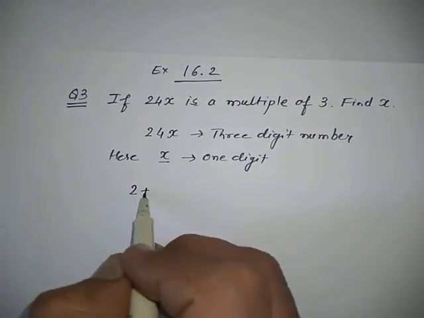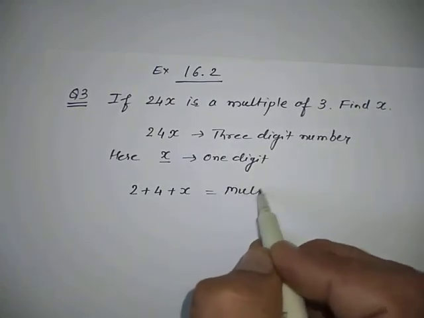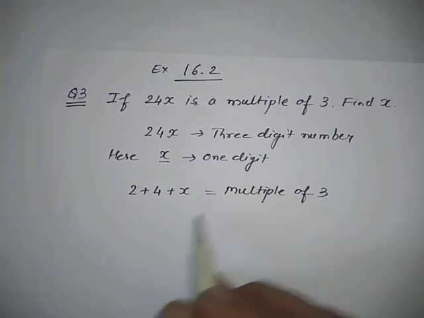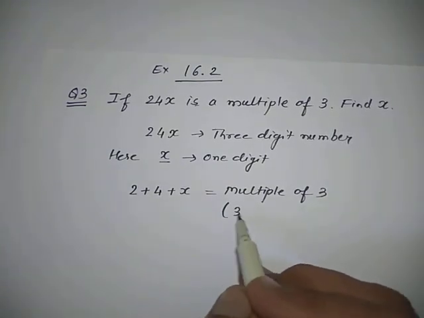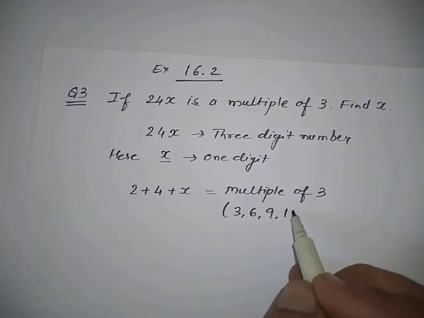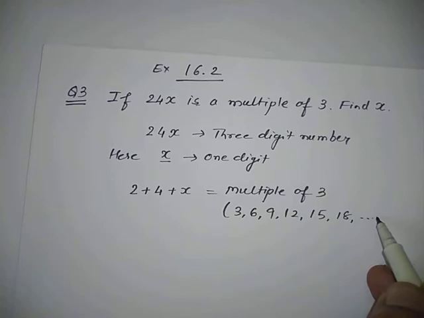So 2 plus 4 plus x should be a multiple of 3. Okay, so multiples of 3: 3 ones are 3, 3 twos are 6, 3 threes are 9, 3 fours are 12, 3 fives are 15, 3 sixes are 18, and so on.